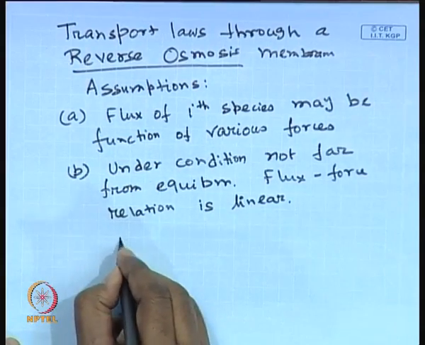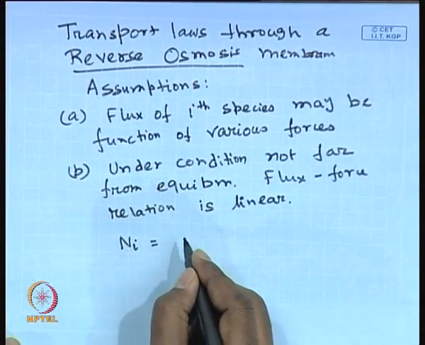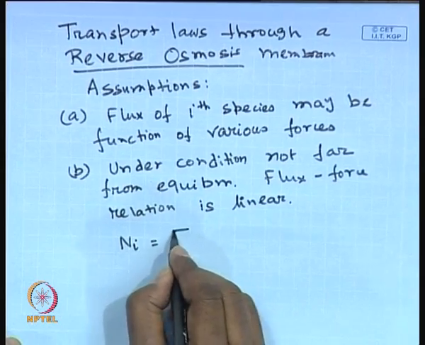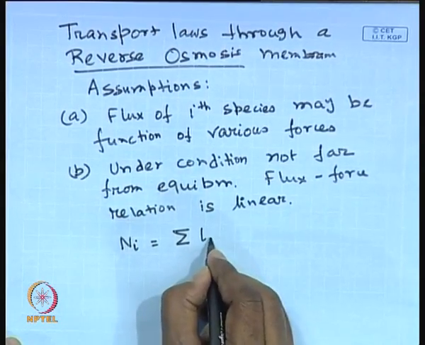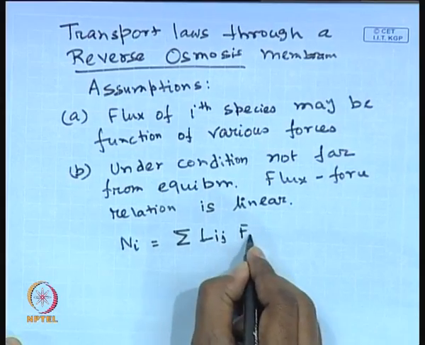So, therefore, we can write Ni, the molar flux of any species, as a summation of Lij times Fj.